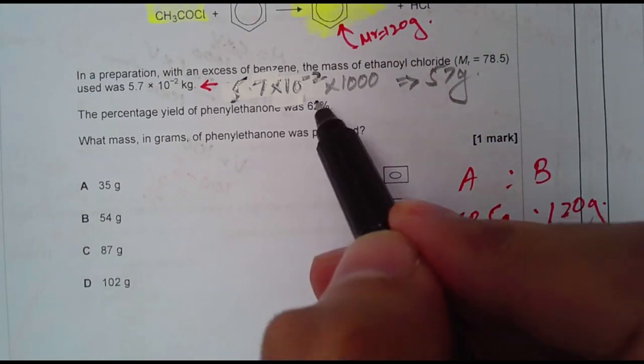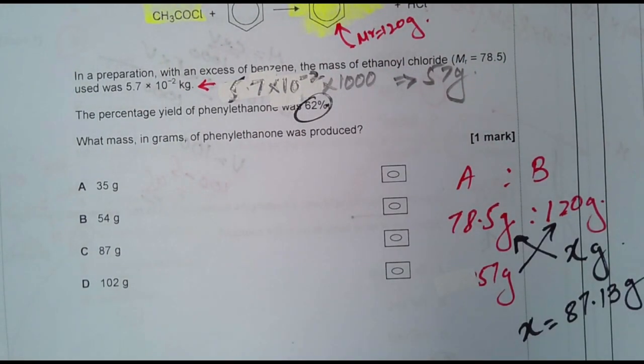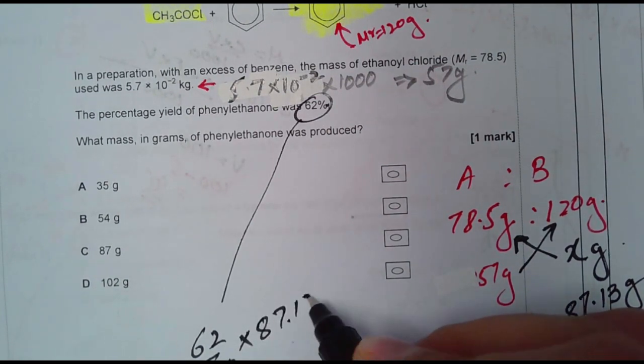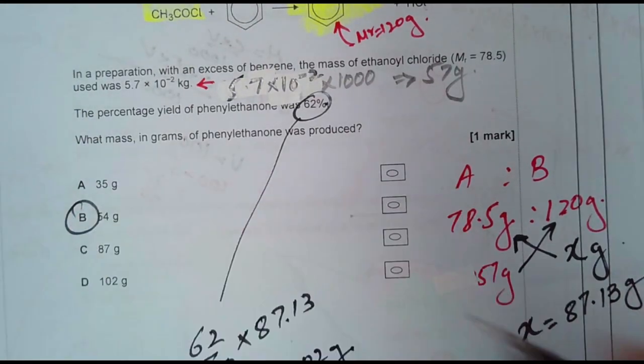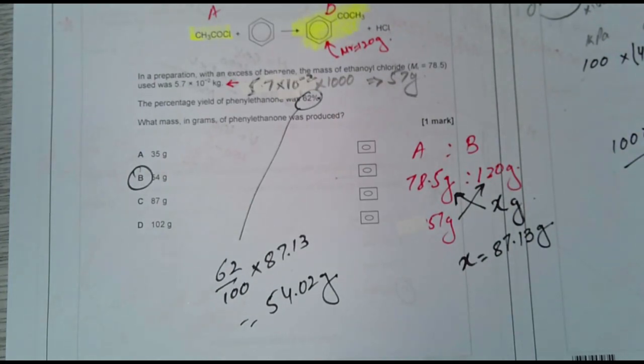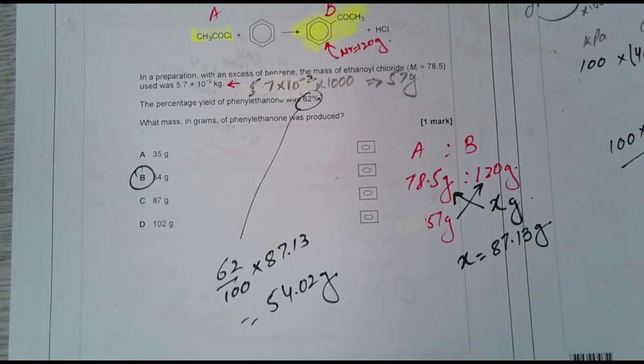Now the question says the yield is 62%. So I'll do 62 over 100 times by 87.13, and this gives me the answer as 54.02 grams. So the answer is B. Okay, so now we are done with this bit.